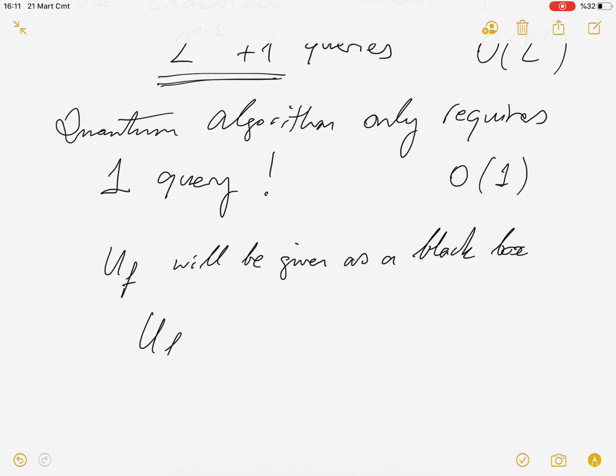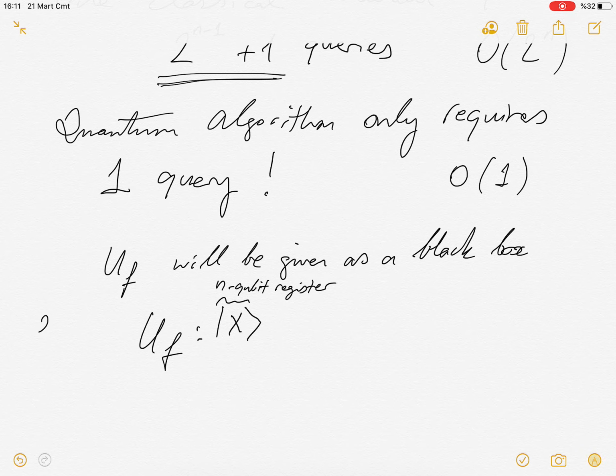Uf similarly will be given in the form where the first register of Uf is an n-qubit register. To separate this from a 1-qubit register, I'm going to use a boldface x, meaning that x is an n-qubit register, in the lecture notes as well.